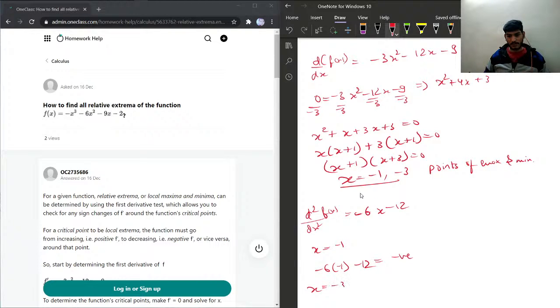And for x equal to minus 3, minus 6 times minus 3 is 18, so this will be positive. So x equal to minus 1 is going to be the maxima, and x equal to minus 3 is going to be the minima.